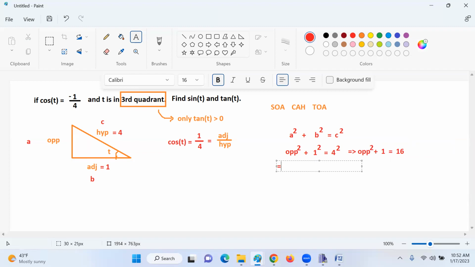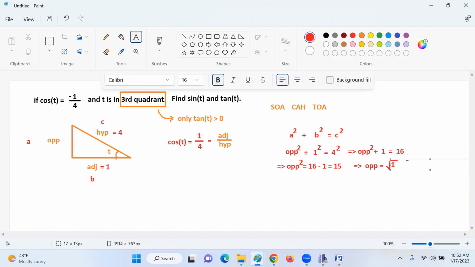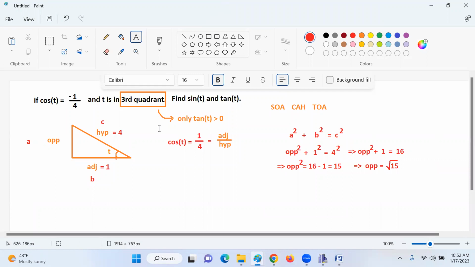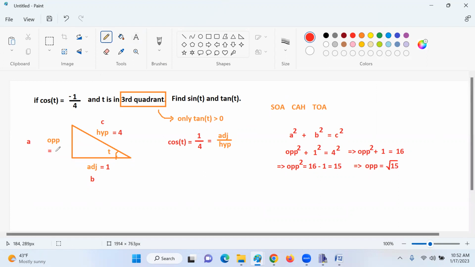So the opposite squared is 16 minus 1, which equals 15. Taking the square root, the opposite side length is the square root of 15. Now I can figure out the sine and the tangent relatively quickly, correct?